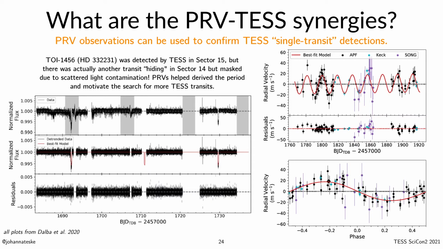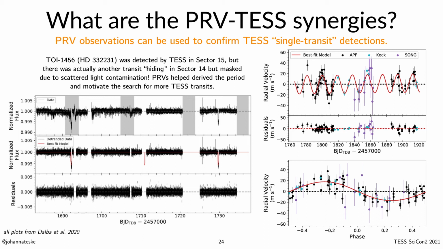So first is using PRV observations to confirm single transit detections with TESS. This is an example from Dalba et al. 2020, where initially there was only this transit, not in the gray parts of the TESS light curve, so only in sector 15.